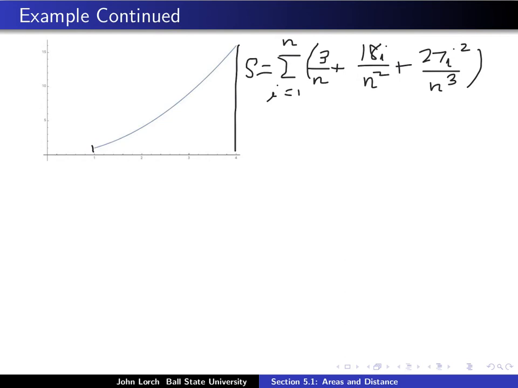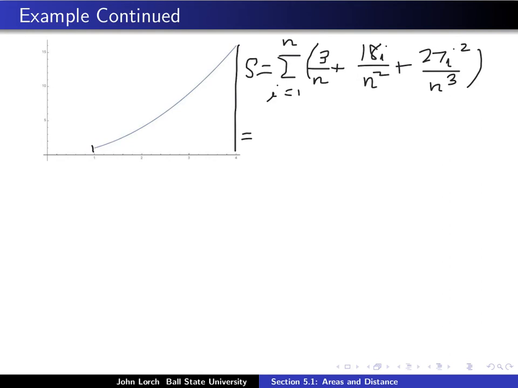So the first thing that we can do or try to do is to split this up into pieces. So remember, if we have a bunch of numbers, it doesn't matter what order we add them up in. So we could add the 3 over n's first, then the 18i over n squared second, then the 27i squared over n cubed third.